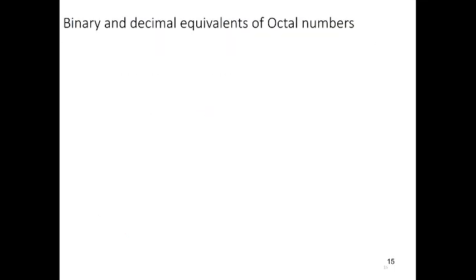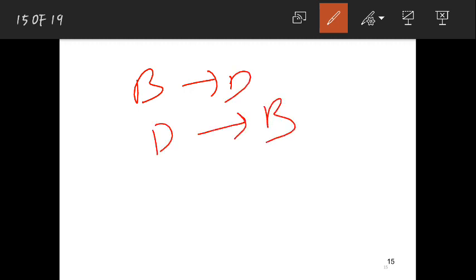Next, binary and decimal equivalents of octal numbers. See, these are binary and decimal equivalents. In previous videos we have done binary to decimal, decimal to binary. After that we have seen decimal to octal, octal to decimal.